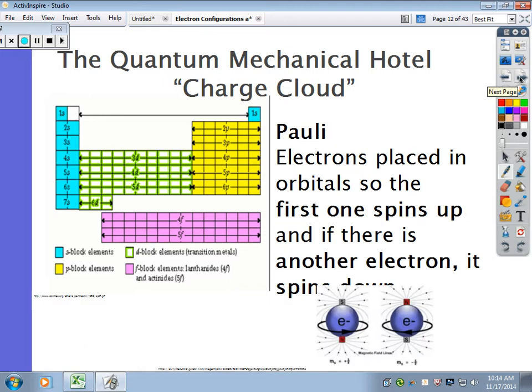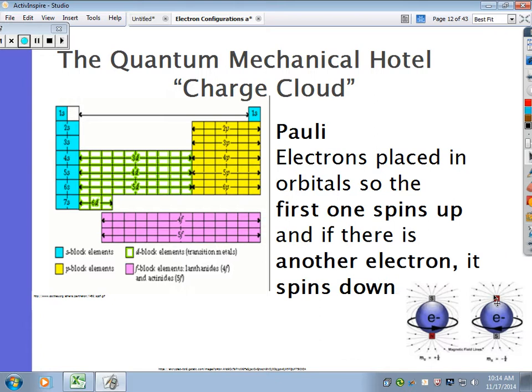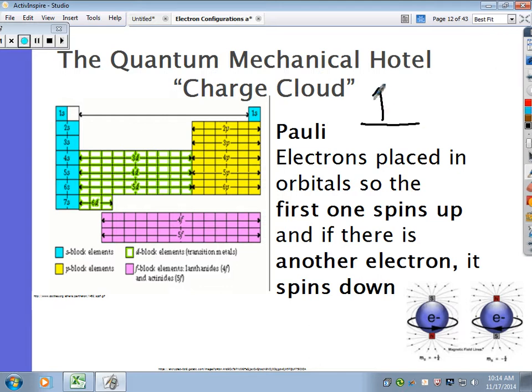Pauli says that electrons are placed in orbitals, so the first one spins up, and the other one spins down. So if I draw a line which represents a room, then I'm going to put the first electron in spinning up, and the second electron, if there is one, spinning down.